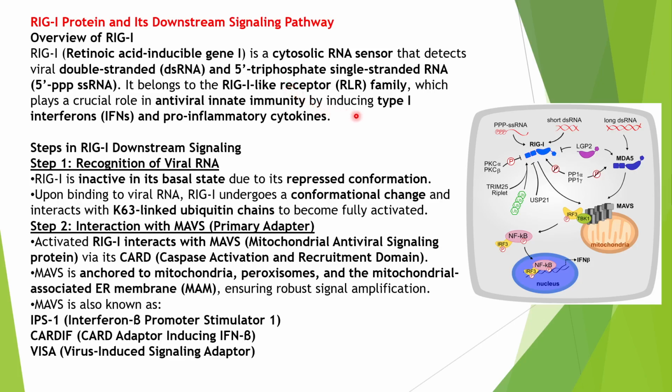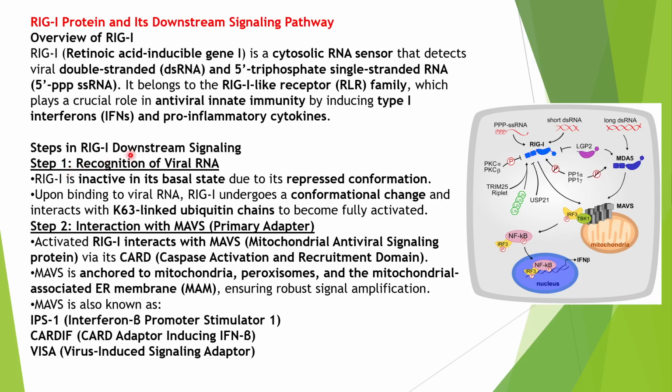So then it induces your type 1 interferons for your viral clearance, and also your pro-inflammatory cytokines. So there are several steps in the signaling. We'll go step by step.